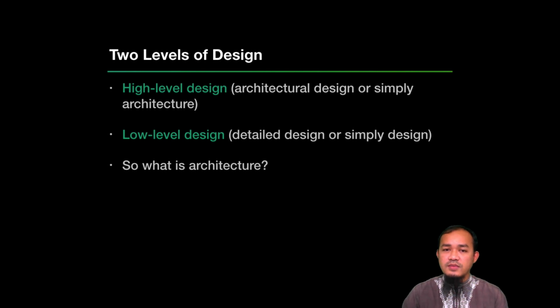High level design is about architectural design, or we call it architecture. Low level design is about detail design, or simply we call it design. In high level design, the output of architectural design will be the architectural pattern or model. In the low level design, the detail design, the output will be the class diagram.